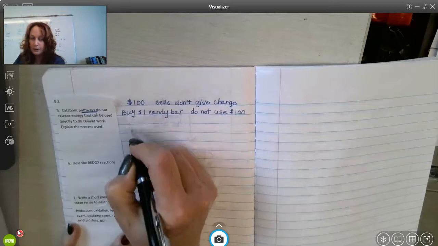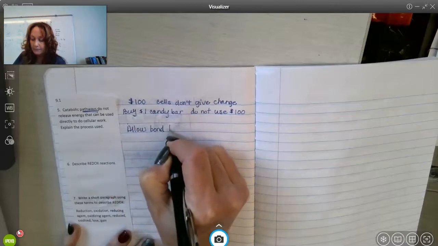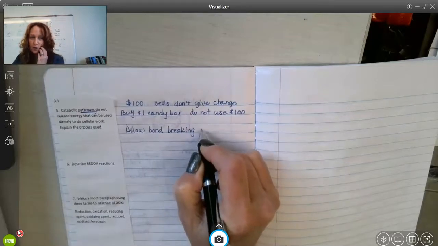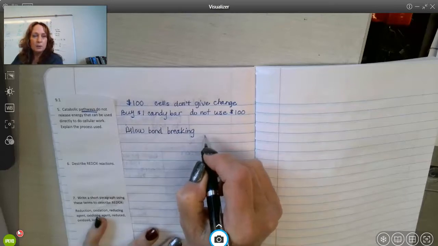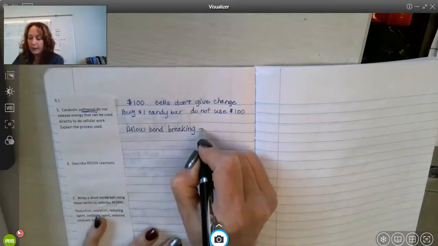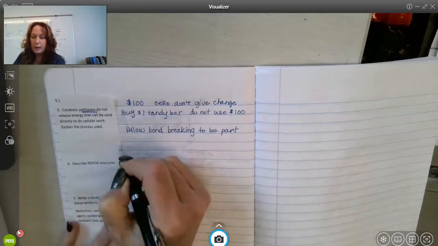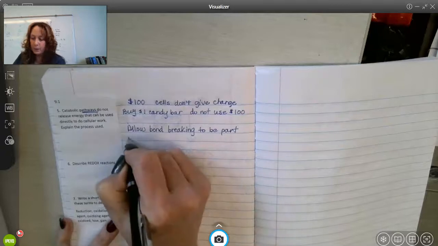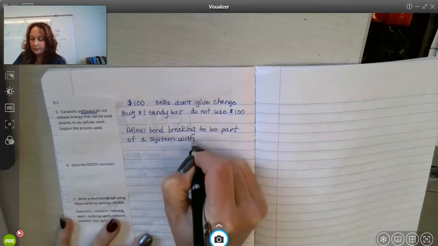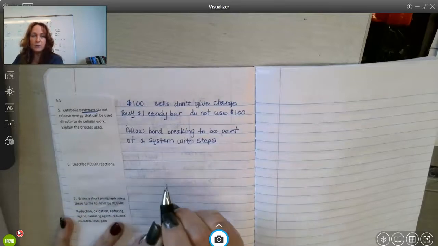The real answer is that you allow the bond breaking, where you're rearranging those atoms into a different configuration that's more stable and therefore has released some energy, to be part of a system with steps. And that way you can manage that energy.